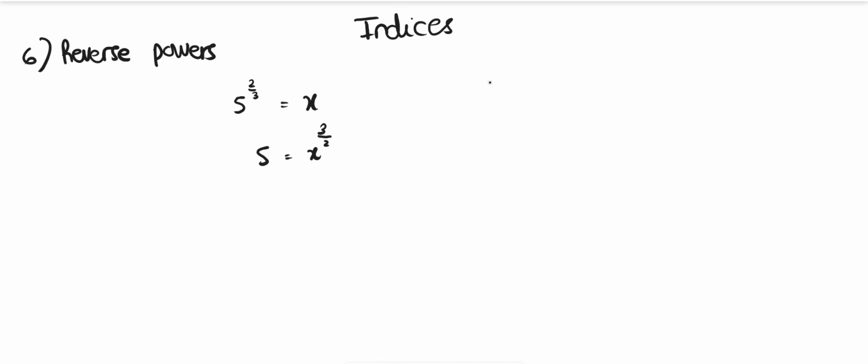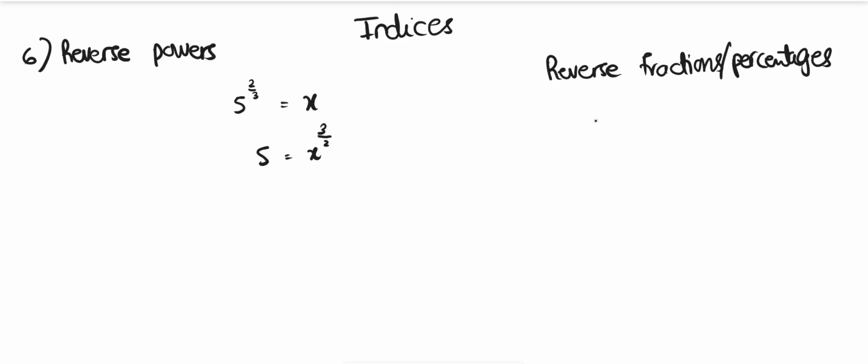You see, when you people were in grade 8, we heard of something called reverse fractions or percentages. What did we mean by that? We studied that 25% of 8 equals 8% of 25, isn't it?